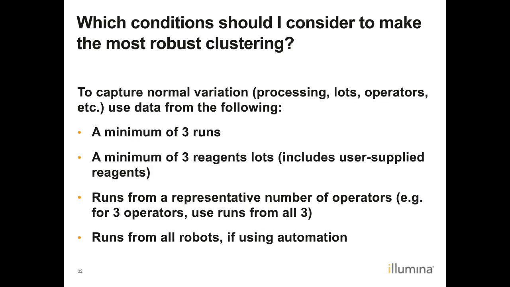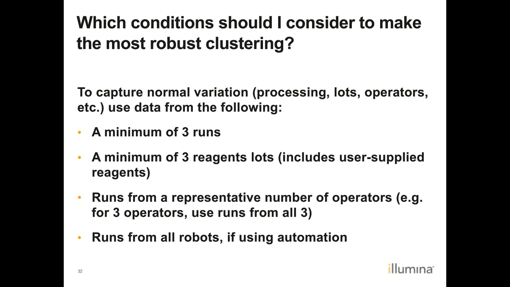So in order to capture the most representative data points for your clustering, you want to consider the following. You may want to use a minimum of 3 different runs. You may want to use a minimum of 3 different reagent lots if you have them, because reagent lots may have some effect on your cluster positions.